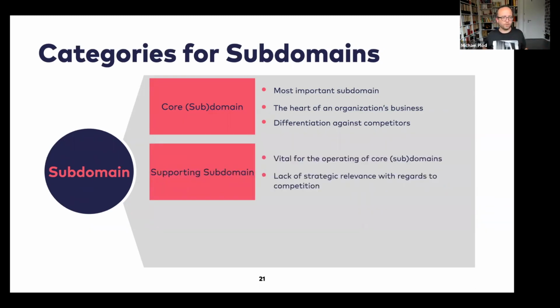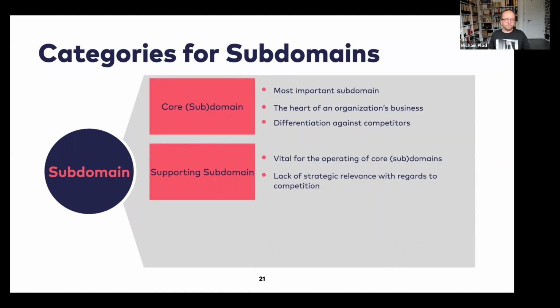The next category are the supporting subdomains. They are vital for operating your core subdomains. However, there is a lack of strategic relevance with regards to the competition. So either those supporting subdomains have a medium degree of differentiation that you can do, or the complexity is not so high, so that it would be easier for others to copy that.